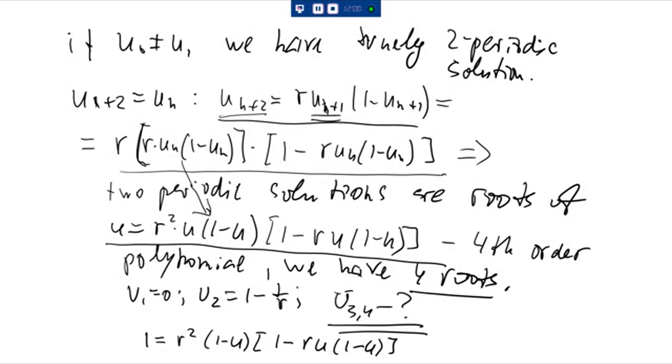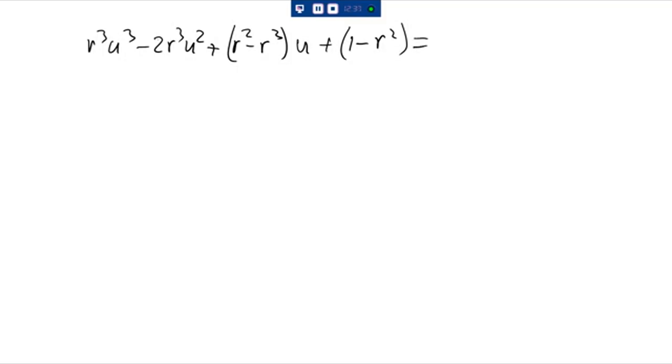And after opening all brackets, we will have the following equation: r cube u cube minus 2r cube u squared plus (r squared minus r cube) times u plus 1 minus r squared, and this equals 0.